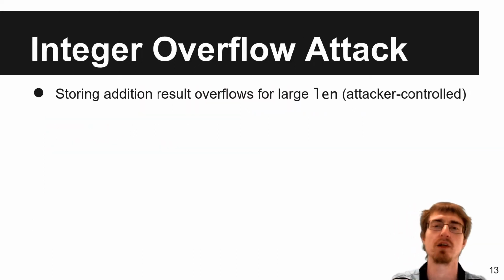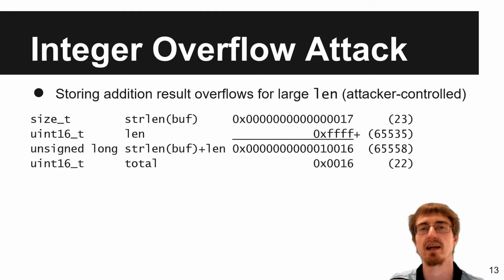Then finally, how would you exploit this? Well, the addition that is stored overflows for large length, and the length is attacker controlled. So what happens here is if we specify a length of 2 to the power of 16 minus 1, so 65,535.